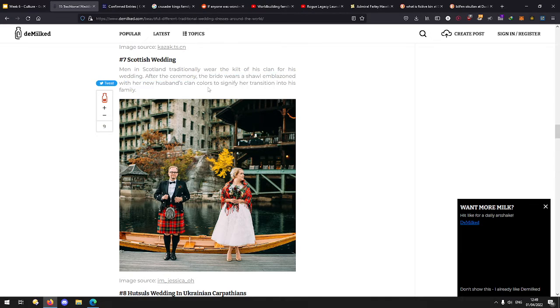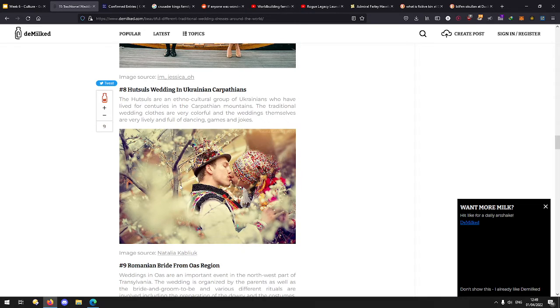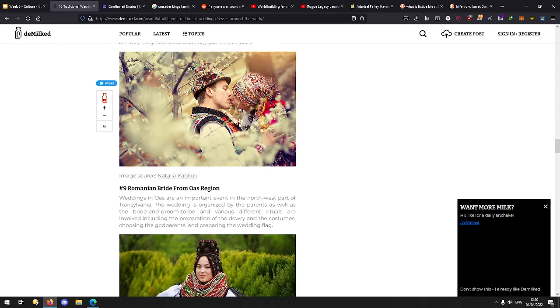It writes here as well, a shawl of her husband's clan colors to show that she married into that clan. And this is about the Ukrainian Carpathians, very colorful, full of dancing, games, and jokes. Maybe not so much in these days, unfortunately.